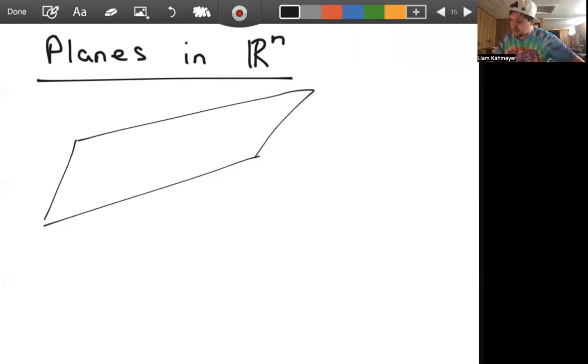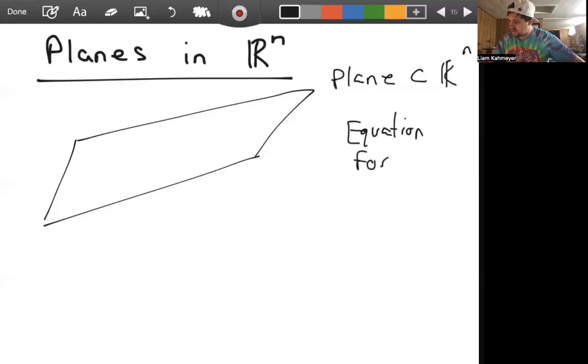So this is a plane living inside of Rn, right? So we have this plane in Rn, and we want to ask ourselves, what is an equation for this plane? And let's see if we can construct an equation on our own without being told what it is.